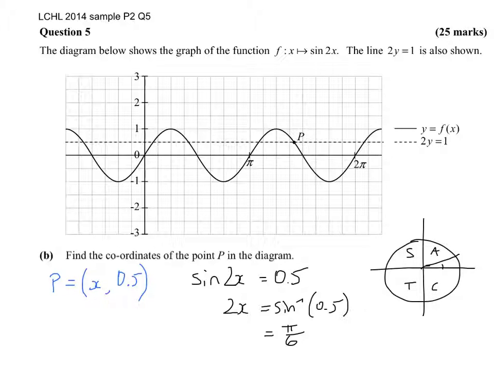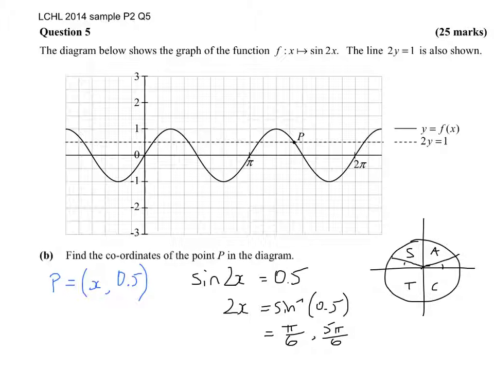But this is not the only value for 2x, as you should remember. There are usually more. It's an infinite number, but depending upon what your range of values of x are, there'll be more. So in this instance, sine is positive with 0.5. So in the first and second quadrants, we also have an angle of 150 degrees, which is 5 pi over 6.